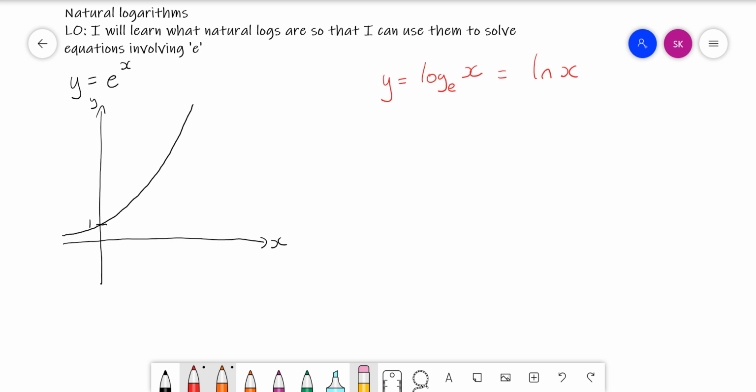There's a few interesting things about this function. First of all, it is a reflection of y equals e to the x, and it looks like this, with the asymptote where x equals 0, so the y-axis.